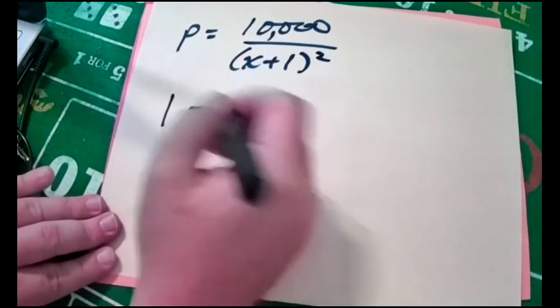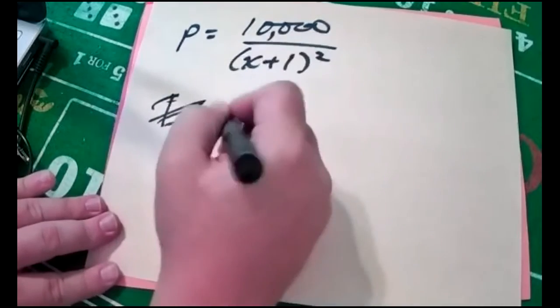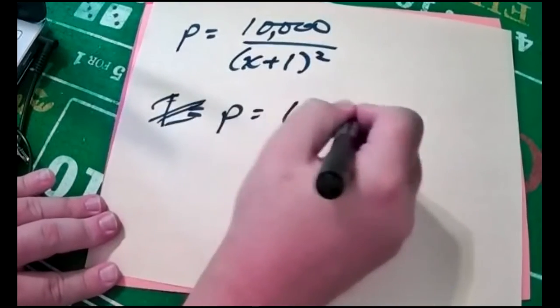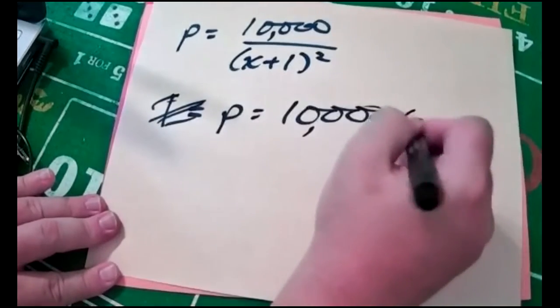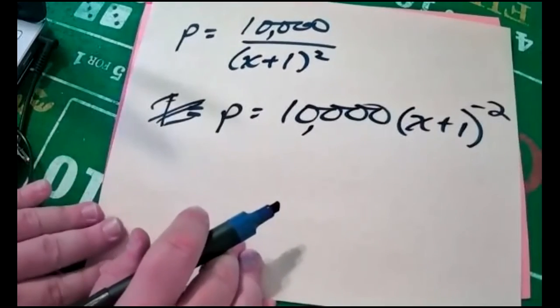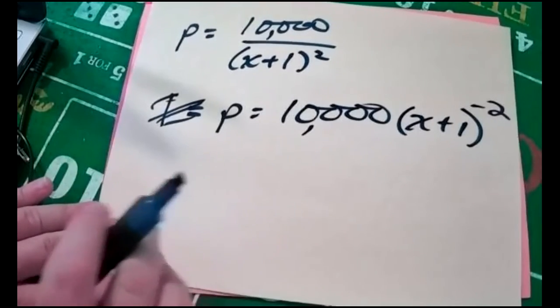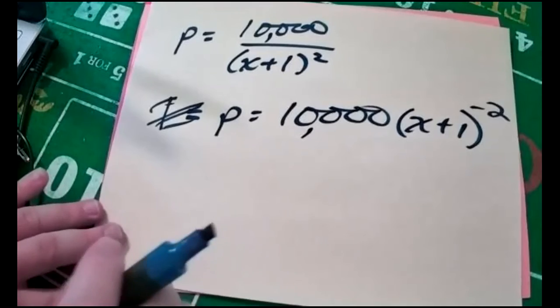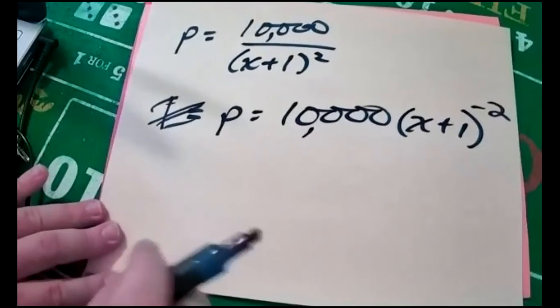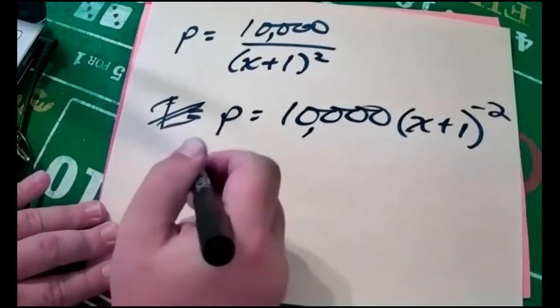And then this, before I do that, I'm going to rewrite this to be P equals 10,000 times (X plus 1) to the negative 2. I'll make that a little tiny bit easier on myself. And now I'm going to try to figure out the derivative of X with respect to P. So that means this is going to be 1.